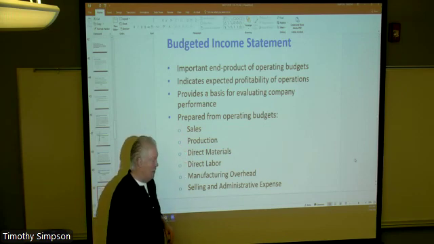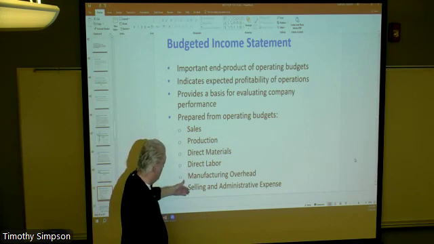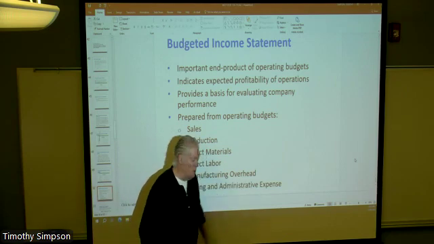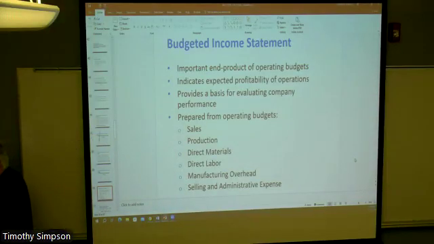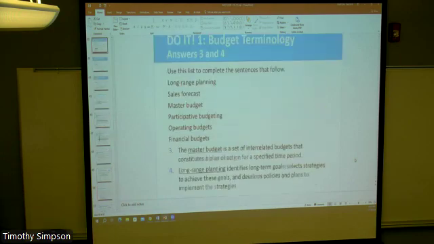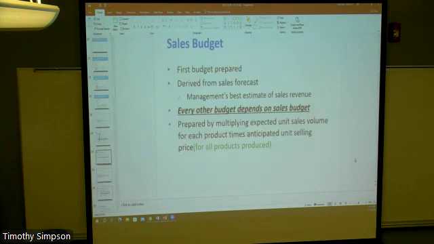That troika of product costs. Those are categories, not individual line items. And then we have the final bit, which is the operating expenses, which are non-product cost related. Again, we start with the sales budget, the production budget flows from it, and we get to these other budgets.